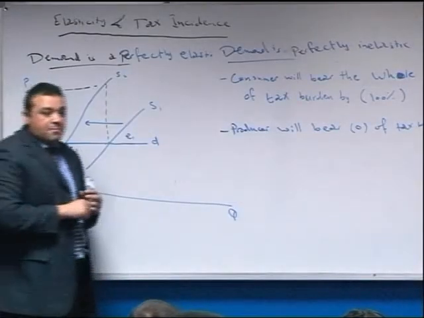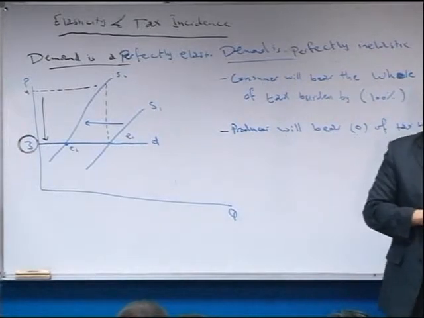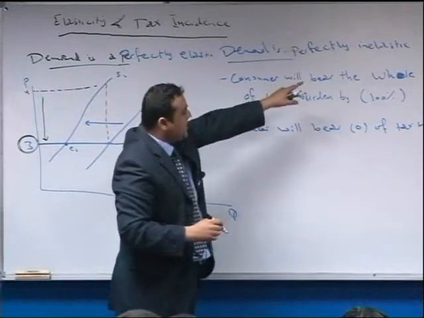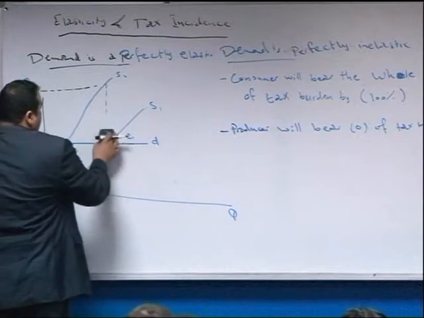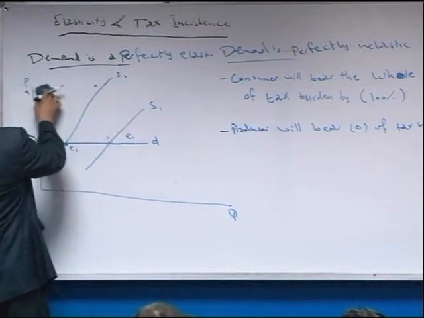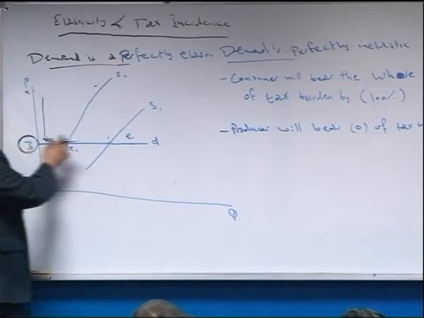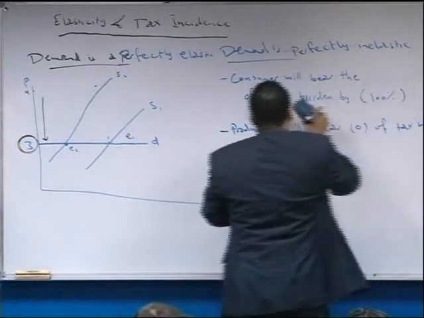In this case, the producer will bear the whole tax burden, right? So the producer will sell the product at how much? 3. At 3, right? So the producer will bear the whole tax.